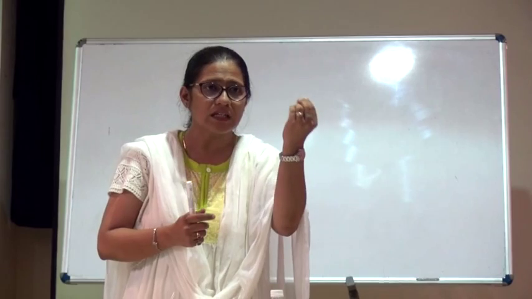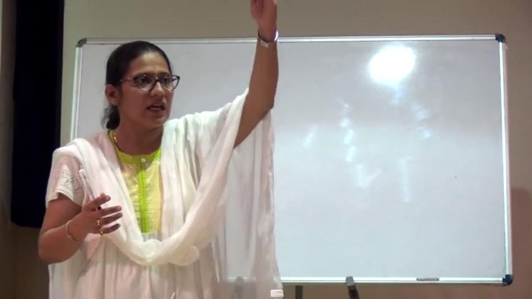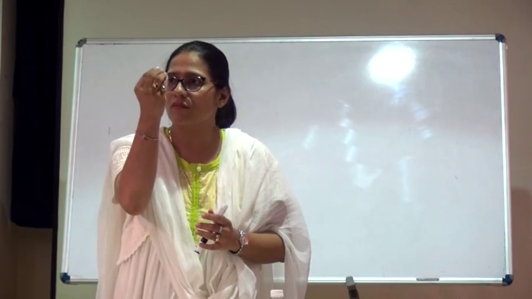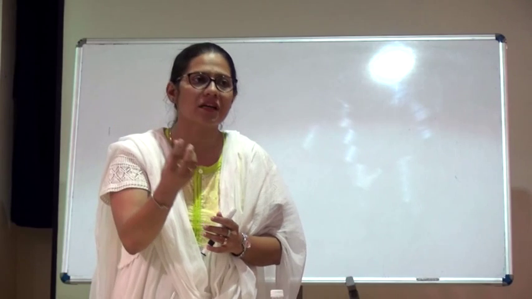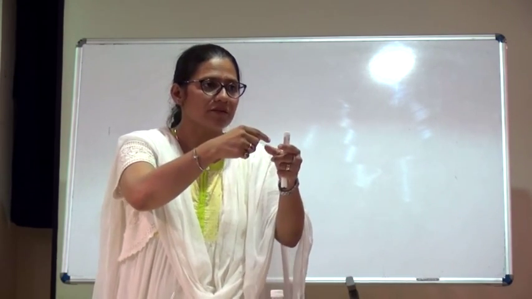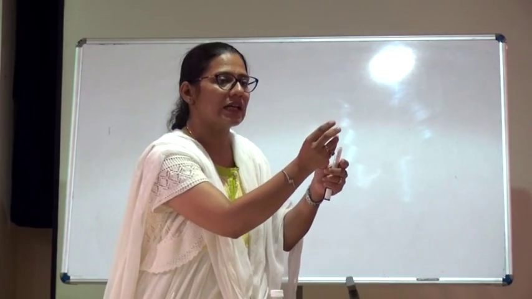Phototactic: certain cells in the water, when the sunlight falls, there is one organ in the cell known as the stigma which works, and because of that the cell moves towards the sunlight.